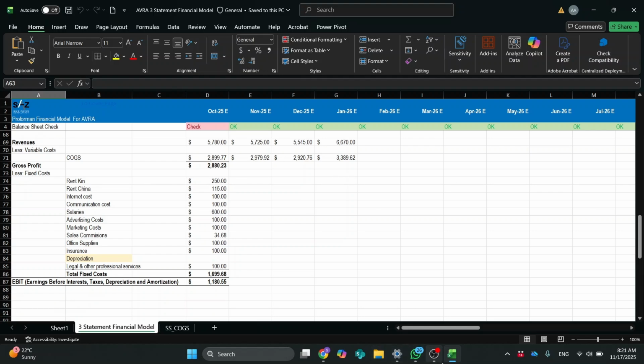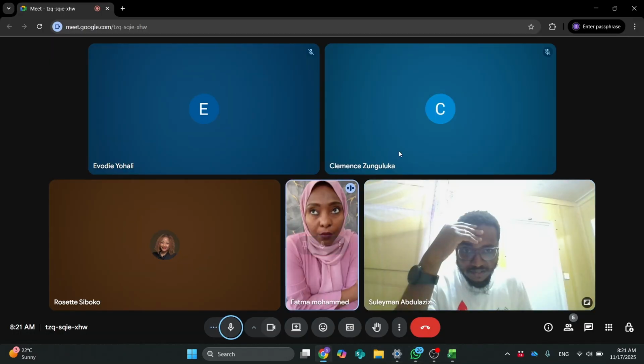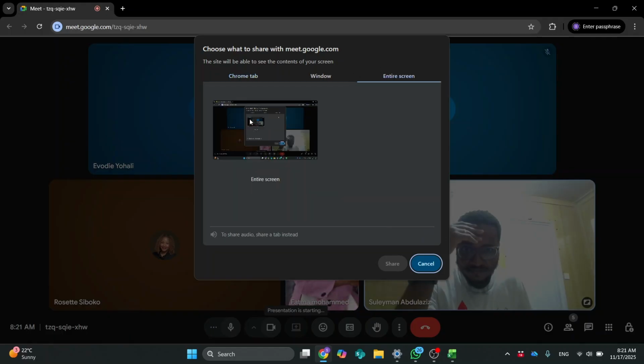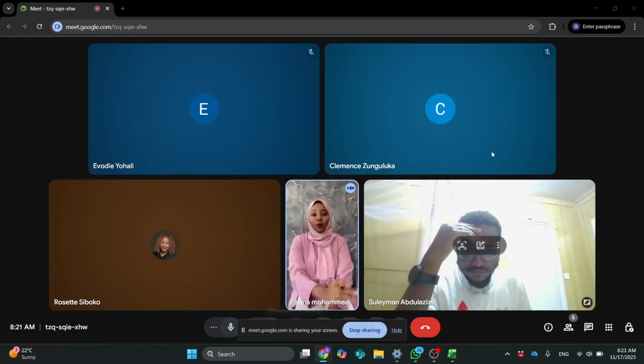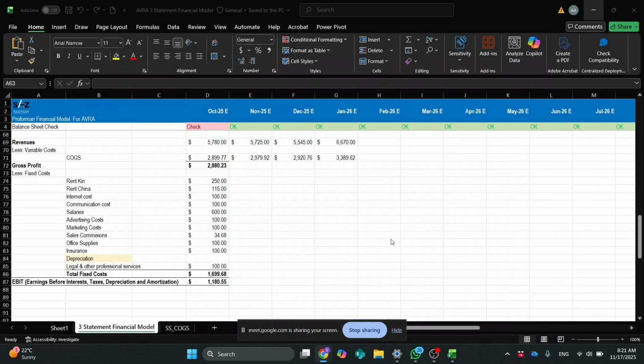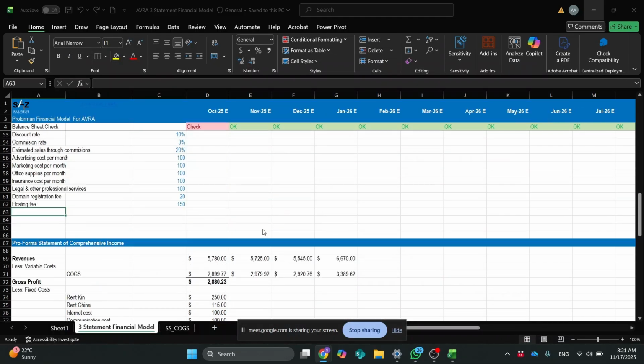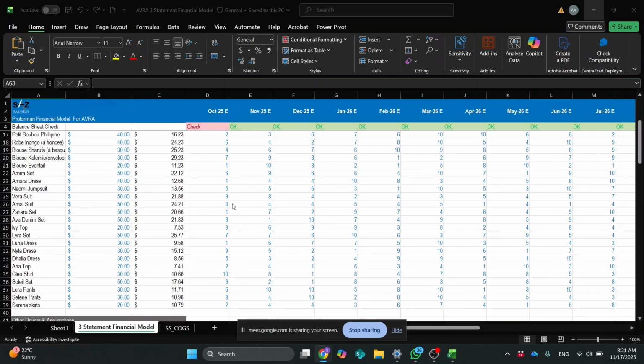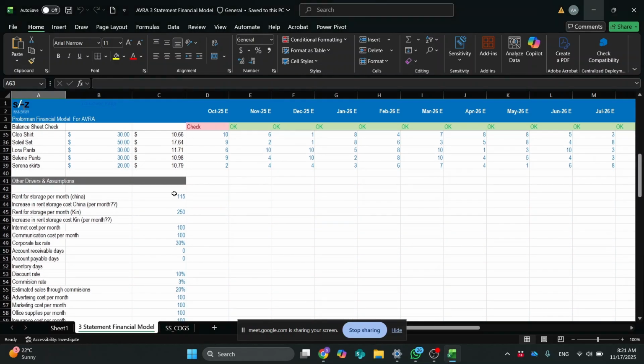Let me just share my screen. Sharing my screen here. Okay, so I hope you can see my screen. Basically, we have already done, we'll come back to this section.